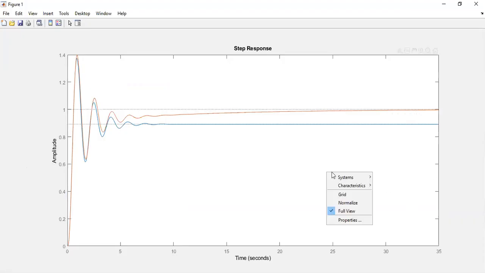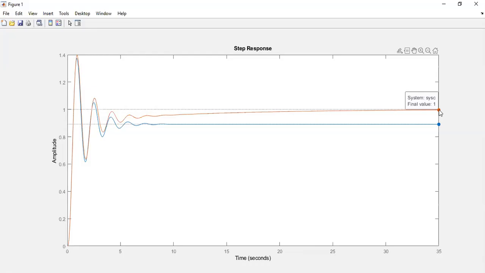You can right click, look at the characteristics, and select the steady state. It will give you the value. The final value for the uncompensated one is 0.892, and for the compensated one the final value is 1. So basically zero steady state error.